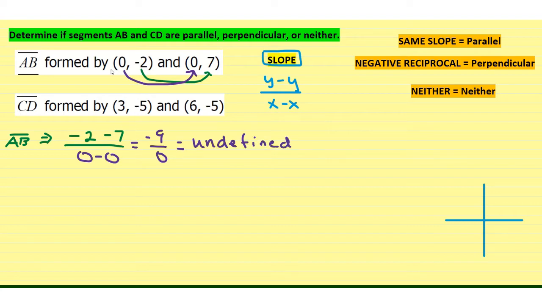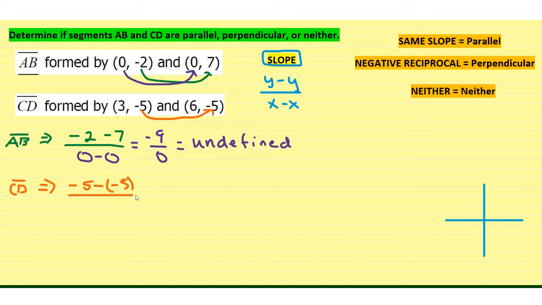Okay, so now let's go to segment CD. The slope is going to be determined by calculating the difference of the y's, so -5 minus -5 in the numerator.